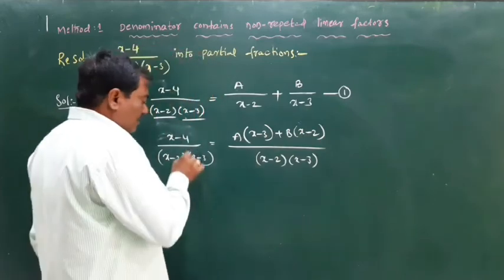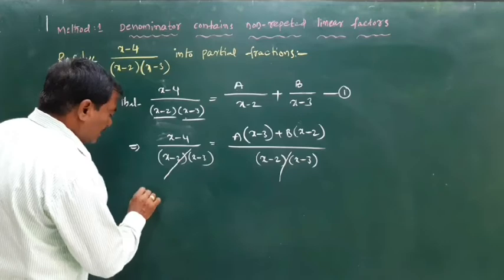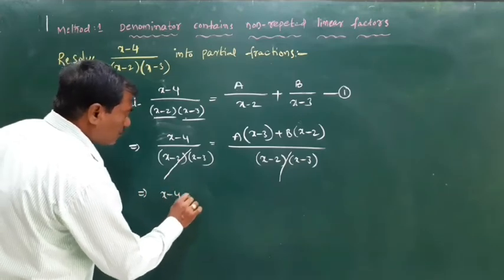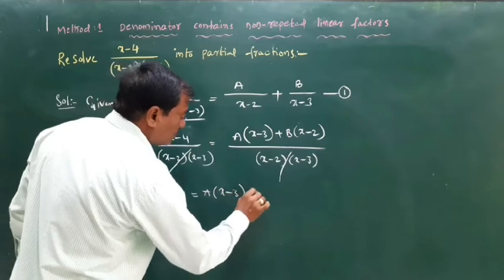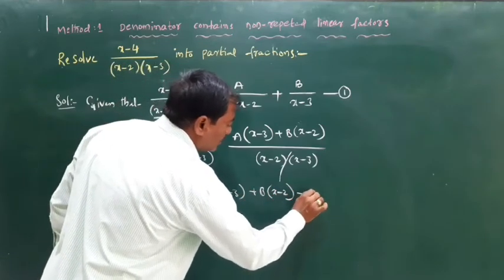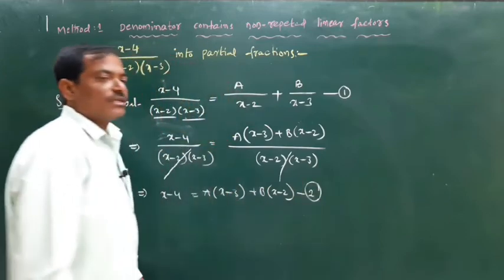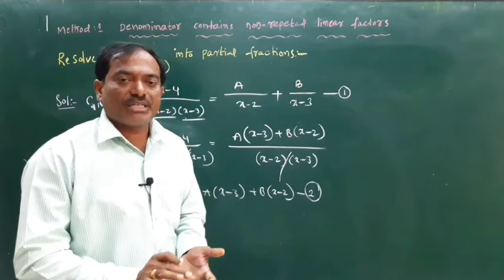Then we cancel these denominators. So finally we get x minus 4 equal to A of x minus 3 plus B of x minus 2, and we give this number 2. Now we have to find the capital A value and the capital B value.